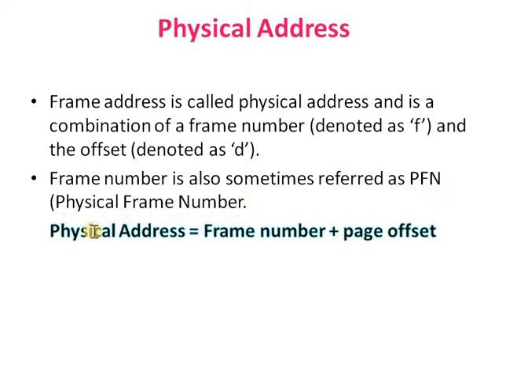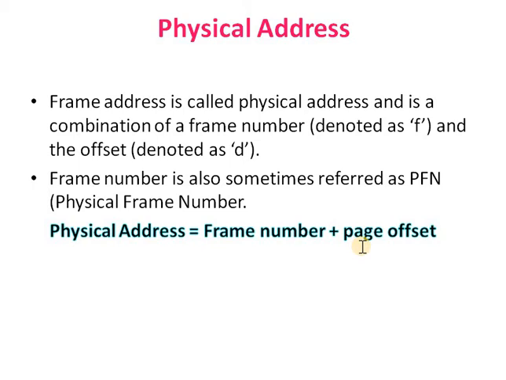Then there is a formula for the logical address. Logical address is equal to page number plus page offset. This is denoted in this figure. The logical address is denoted by two parts. The first one is P, that means page number, and the second one is D, that means page offset.